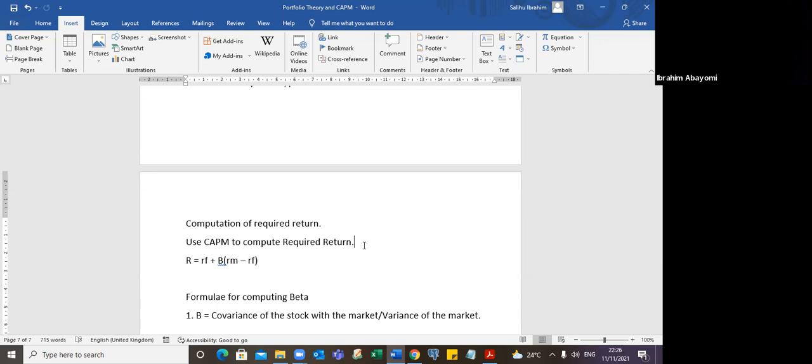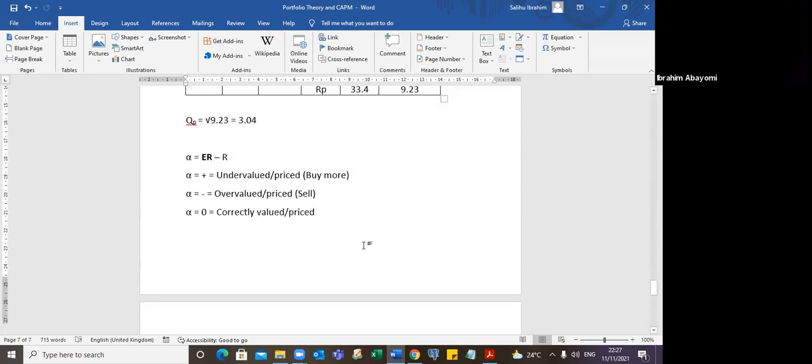It is very rare. In fact, I've not seen where the candidate is required to compute the covariance. But if it is not given, remember, we have computed covariance before.